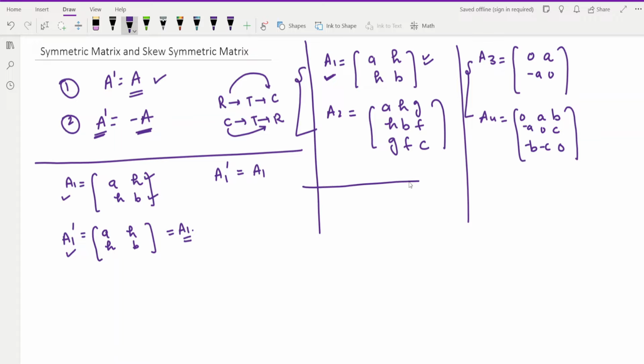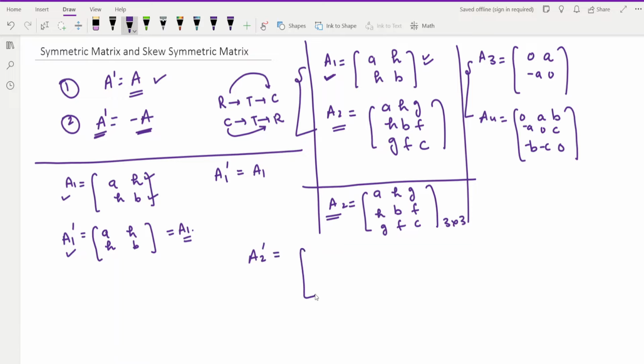Now the same definition I will apply for the matrix A2 as well. Matrix A2 is given as A, H, G, H, B, F, and G, F, C. It is a 3 by 3 matrix. I want to validate whether this particular matrix is symmetric or not. So I will take the transpose of matrix A2.